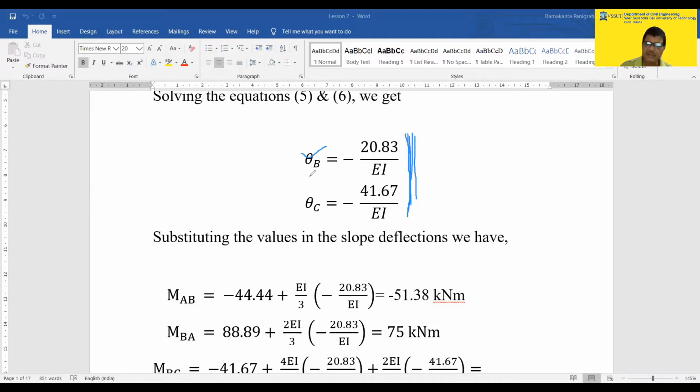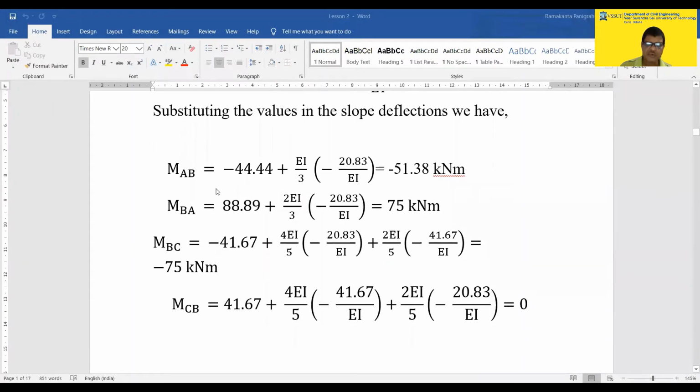Once you find theta B and theta C, you go to the first equations you developed for MAB, MBA, MBC, MCB, which we have written in terms of theta B and theta C. In those equations, put the values of theta B and theta C and calculate the moments MAB, MBA, MBC, and MCB. That will give the moments on that part.